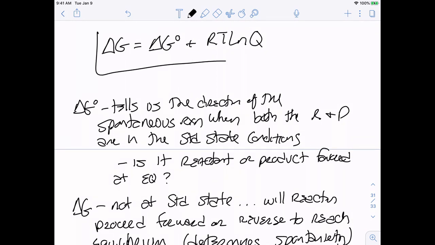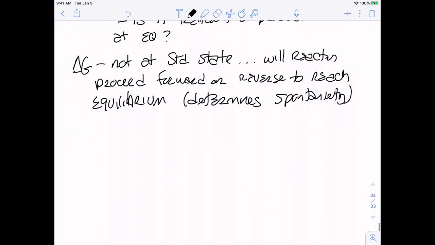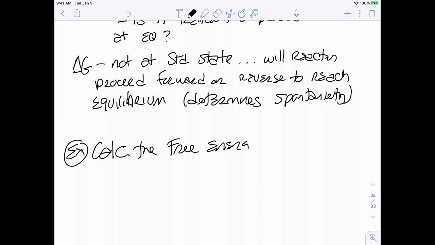So let's do an example using this equation. We're going to calculate the free energy change at 25 degrees Celsius for the following reaction.